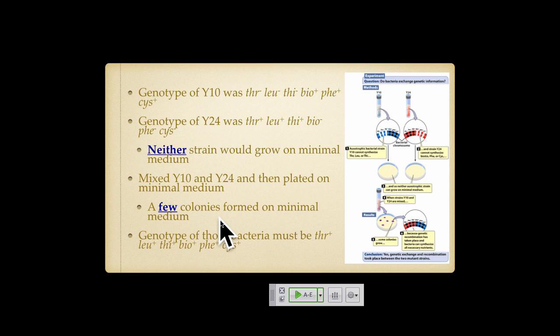Yes? Isn't that like an example of genetic complementation? No. Yes. We usually think about genetic complementation more with diploid eukaryotic cells, but in the sense that one is going to provide the missing genetic information, you could make an argument that it is a form of complementation. Okay, good. Isn't that more for testing?